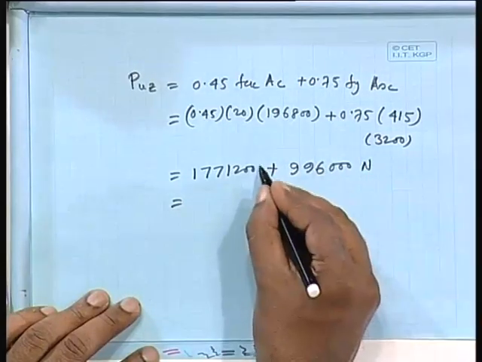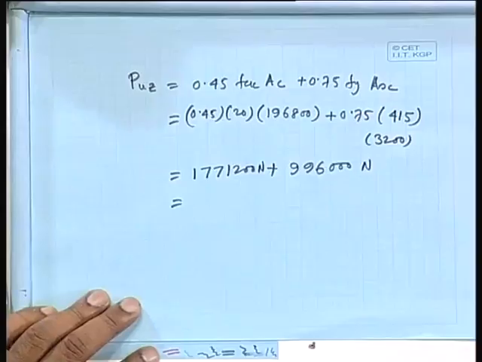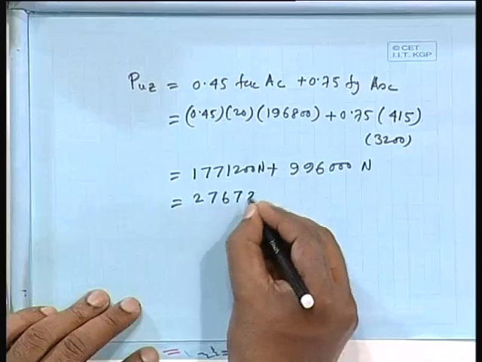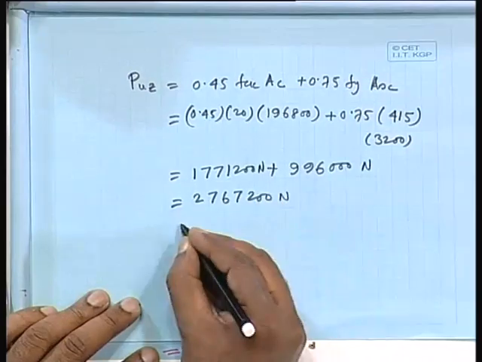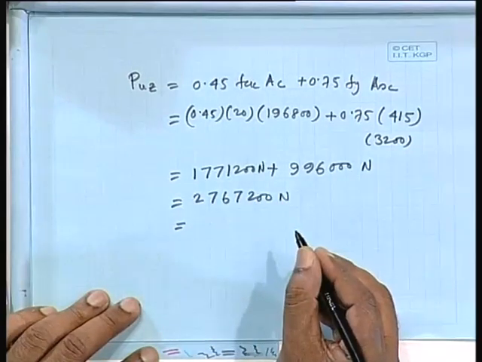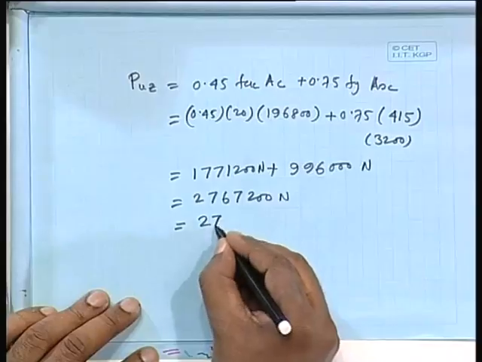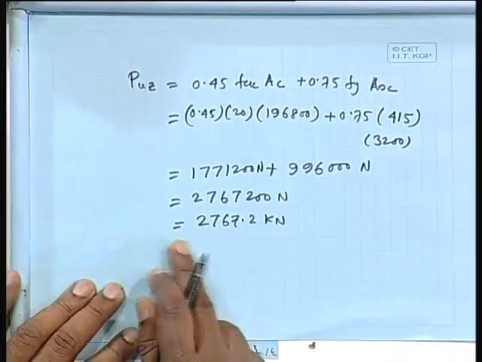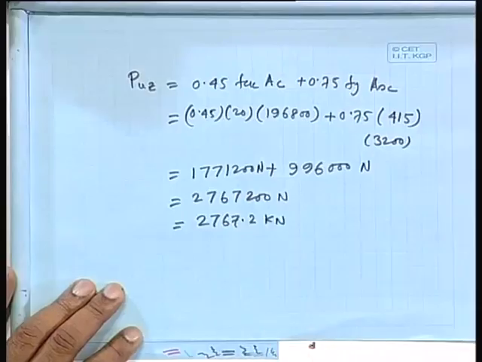These are all in Newton. So 1771200 plus 996000 equals 2767200 Newton, which comes as 2767.2 kilonewton. So PUZ equal to 2767.2 kilonewton.